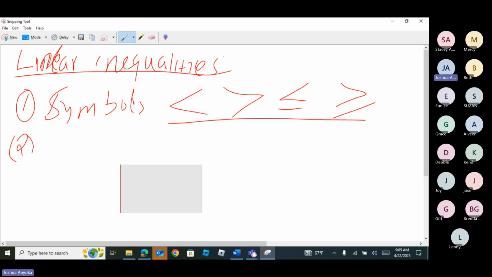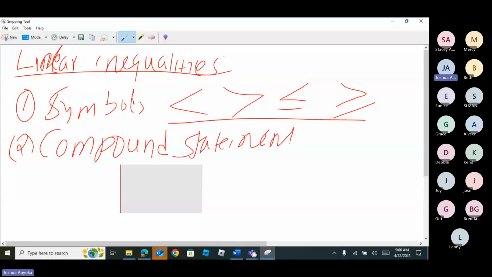Number 2, we are supposed to know how to solve an inequality that is called the compound statement.